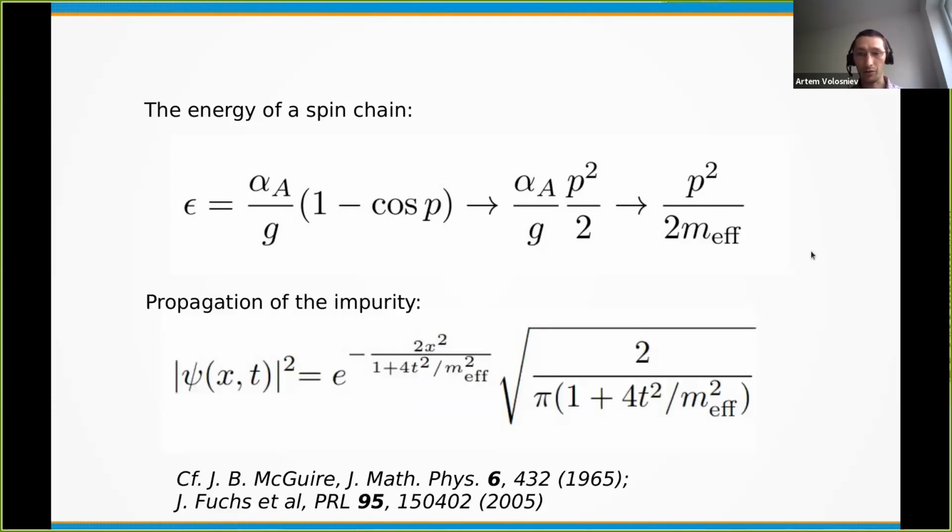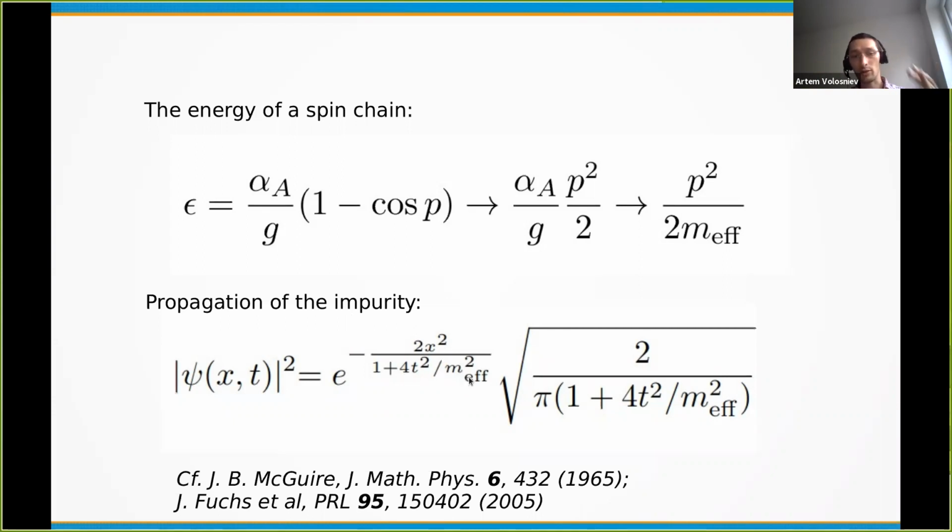Okay, and what does it tell us? Now, it's basically a textbook one-body problem. If you initialize some Gaussian profile, which is wide enough such that this approximation works, then it will evolve according to this Gaussian profile, kind of diffusive in imaginary time, say. The only parameter that determines it would be the effective mass.